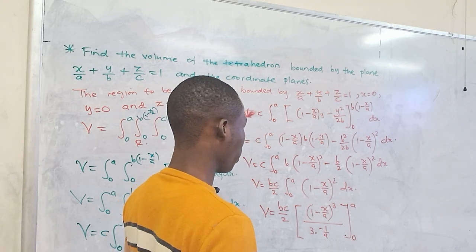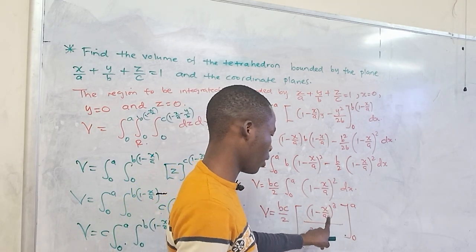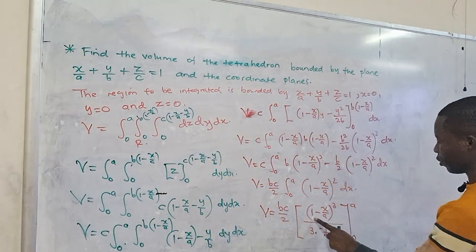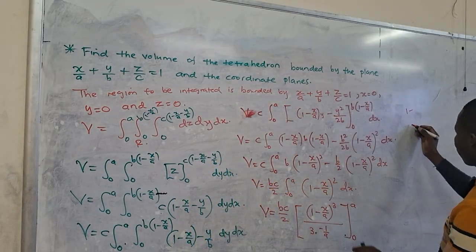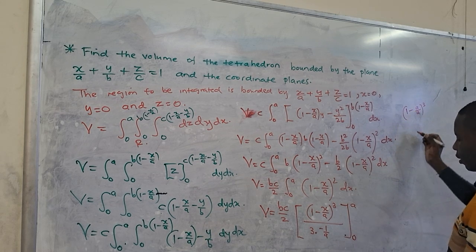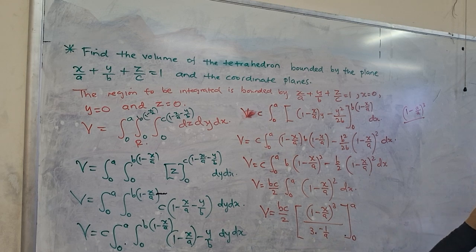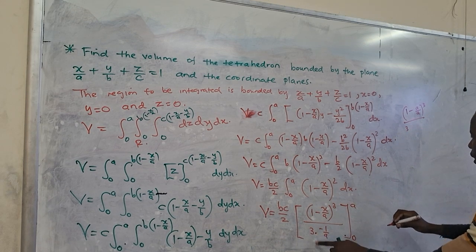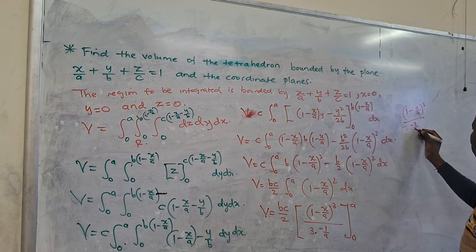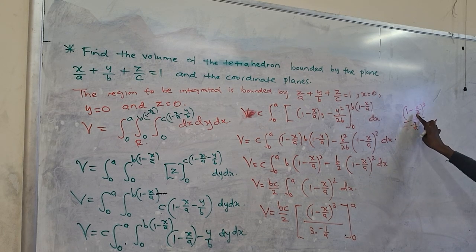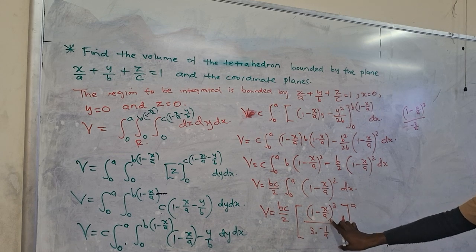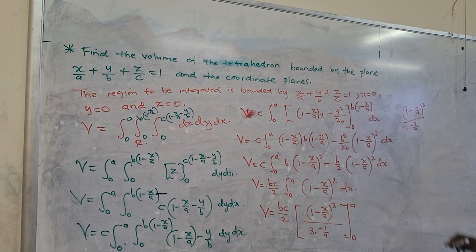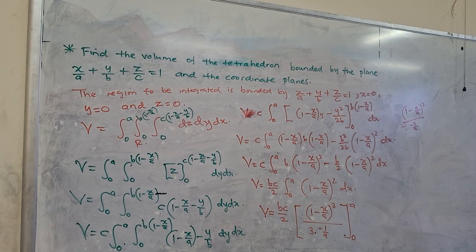Now let's substitute. If you substitute a for x here, it will be 1 minus a by a to the power 3 divided by 3 into negative 1 by a. 1 subtract 1, so the answer will be 0 here. Then minus, now x is 0.